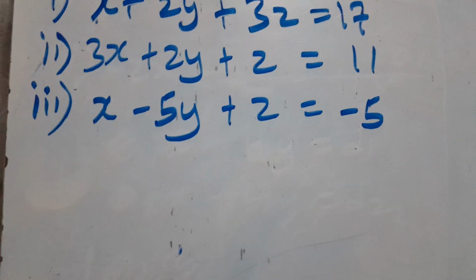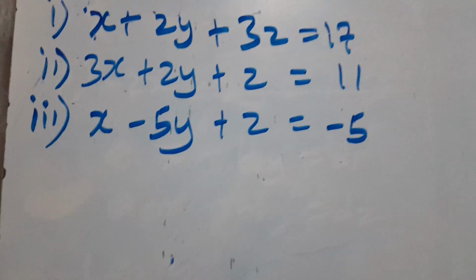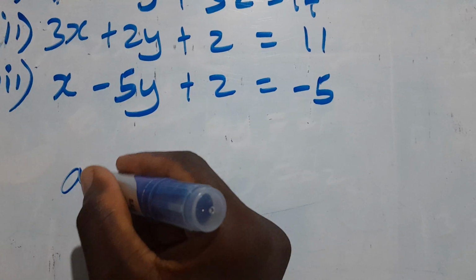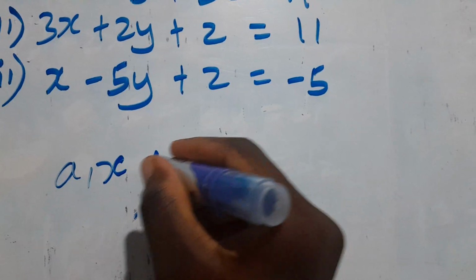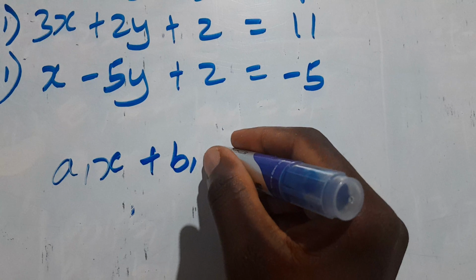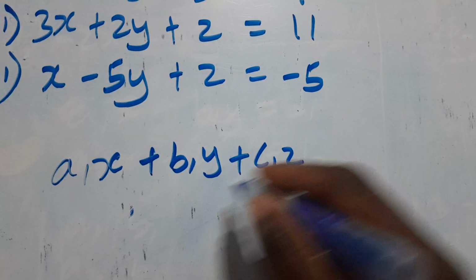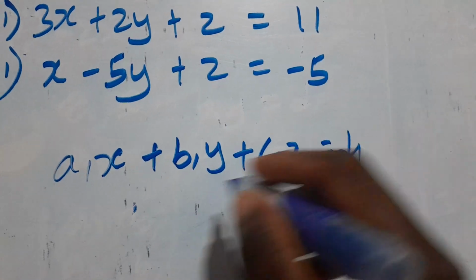Now we can have our set of equations in standard form: a1x plus b1y plus c1z is equal to d1.